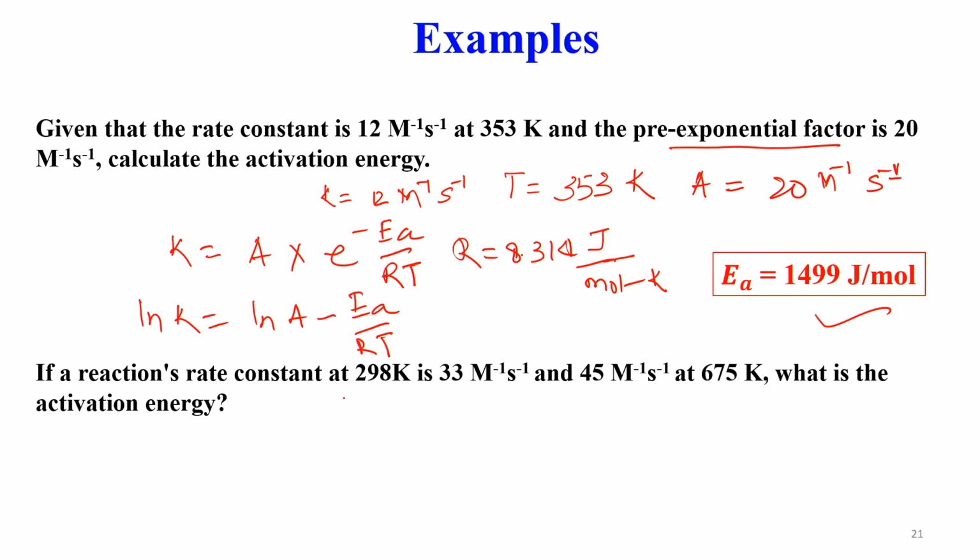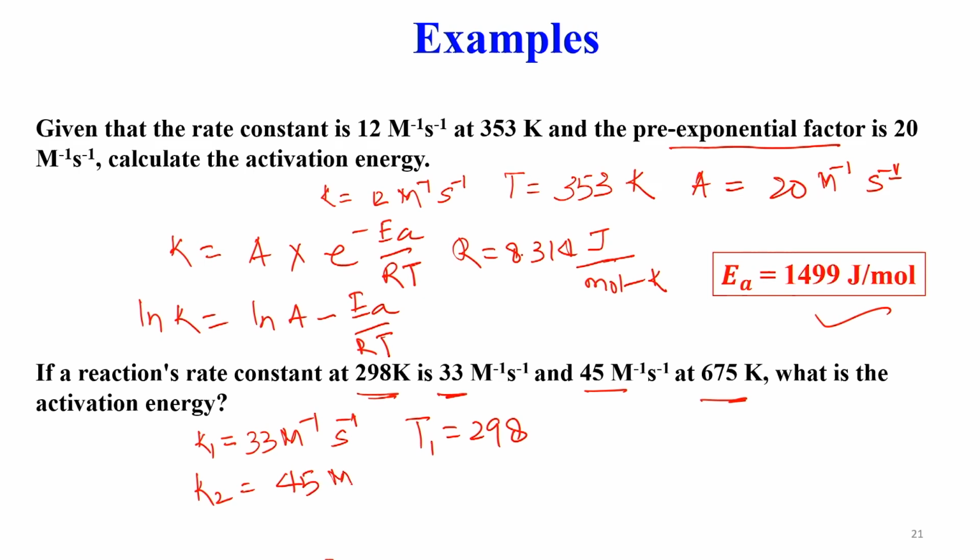Now, in the second one, at two different temperatures you have two different k values. So you can write here k1 is 33 mole inverse second inverse at T1 of 298, and k2 is 45 mole inverse second inverse at the given value of T2 of 675. Now we can apply the previous equation.